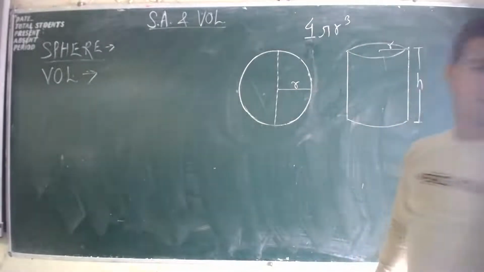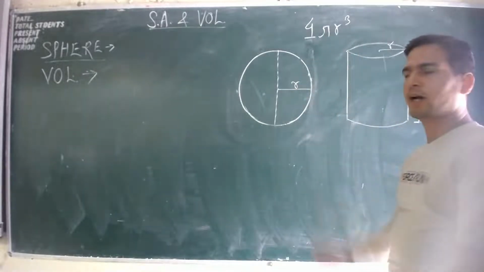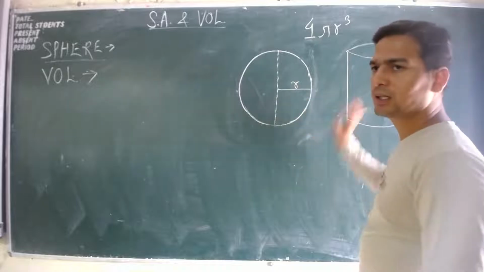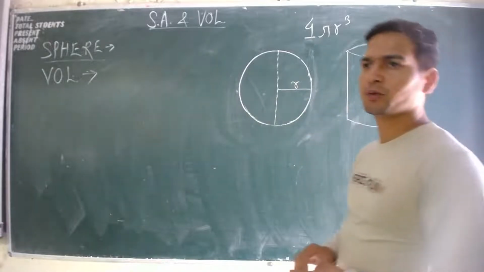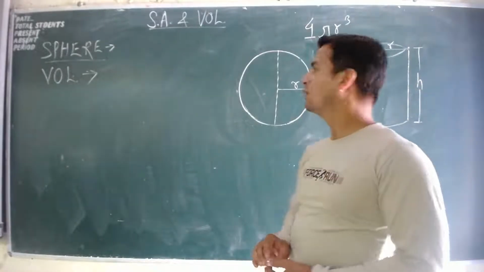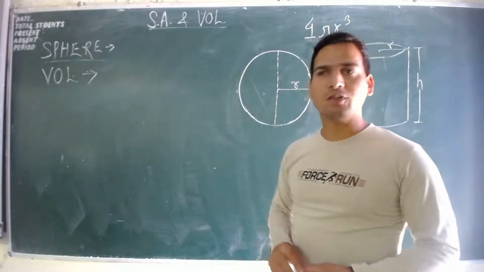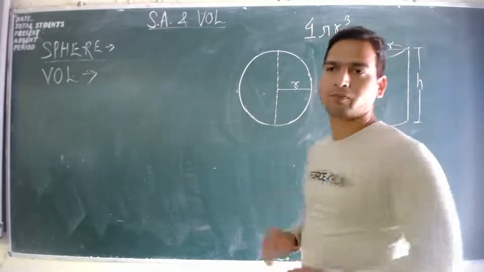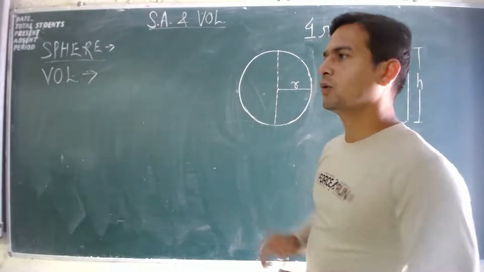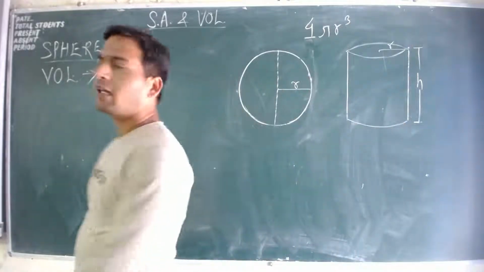Clear? Because, beta, for finding the volume, this should be computed. Sphere has less volume compared to cylinder. So now, what is lab activity?